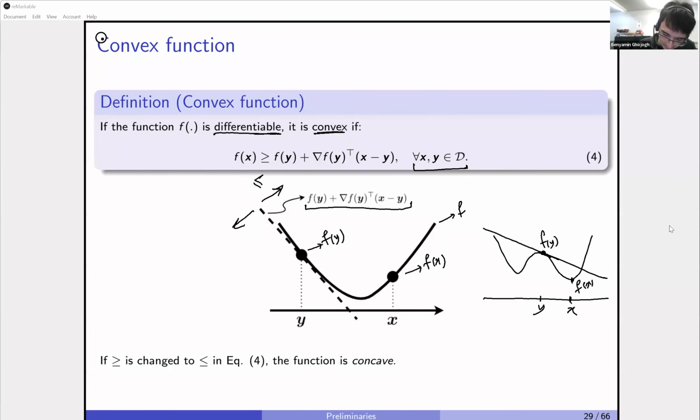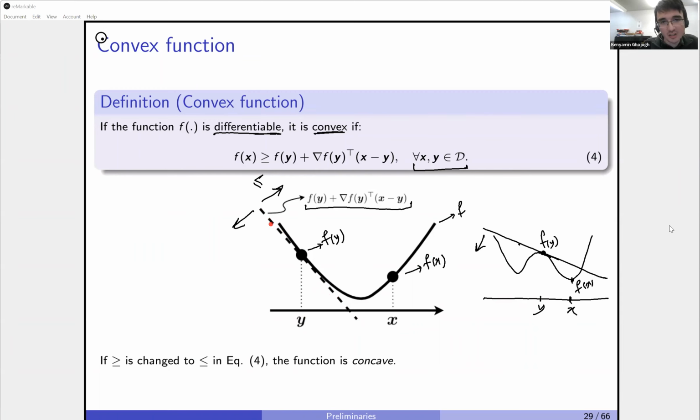This is f of y, and this is the tangent line, whose equation is this. f of x is on this side of this line. Therefore, it's not convex. It needs, for every two points x and y, f of x to lie on the other side of this line. In other words, this tangent line should always lie behind or below the function. If you move the point y to the left and right, you can see the tangent is always below it.